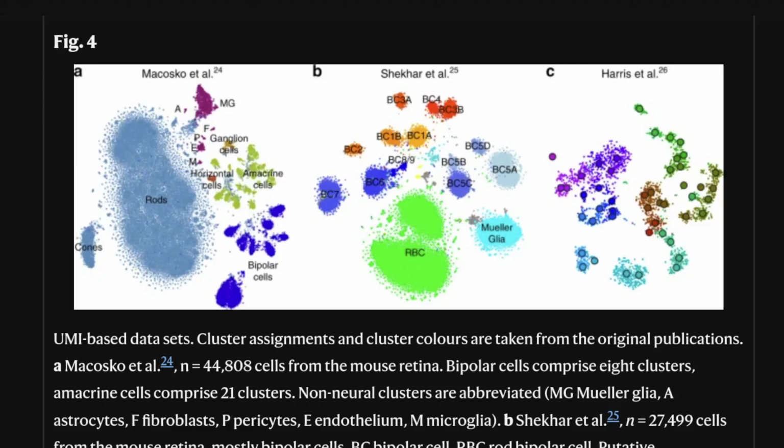SIAM J Math Data Sci 1, 313-332, 2019. MathSciNet. Linderman, G. C., Rachh, M., Hoskins, J. G., Steinerberger, S. and Kluger, Y. Efficient Algorithms for t-Distributed Stochastic Neighborhood Embedding, https://arxiv.org/abs/1712.09005, 2017.